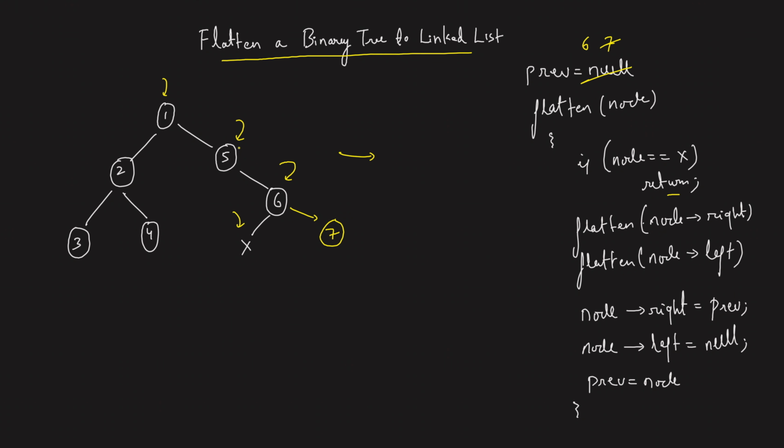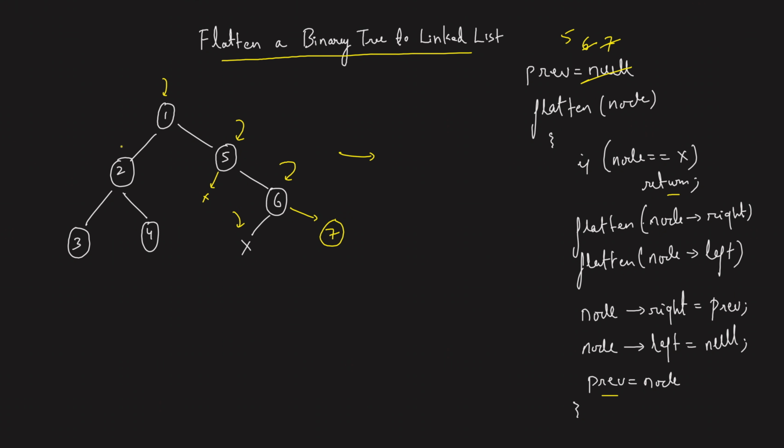So 5's right points to previous, that is 6, and left points to null. Simple. Again come back. Remember, when you come back, previous will be updated to 5, because 5 points to 6, points to null, and then previous is assigned. Perfect.